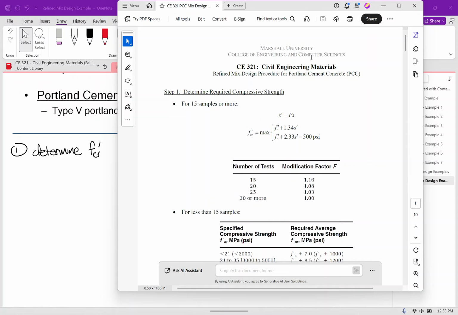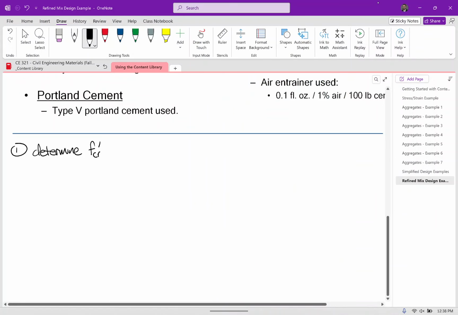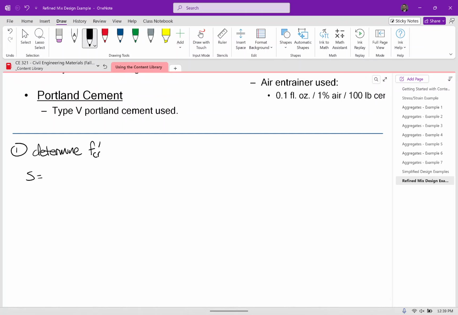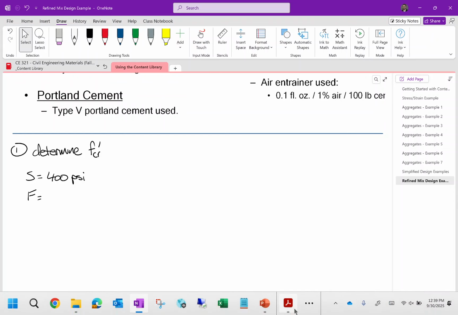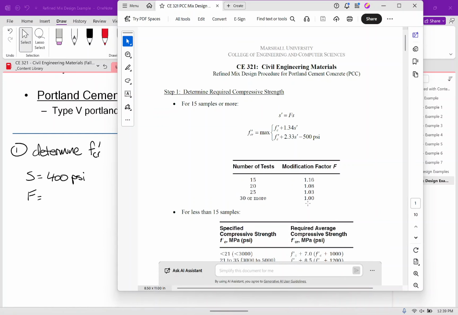Okay, so let's take a look at our steps here. First thing we've got to do is look at our standard deviation and our modification factor. So what was the standard deviation of the samples that we're going to use? What were we told? There we go, 400 psi. What modification factor are we going to use? How do we determine that? Sample size. How many samples are we testing?